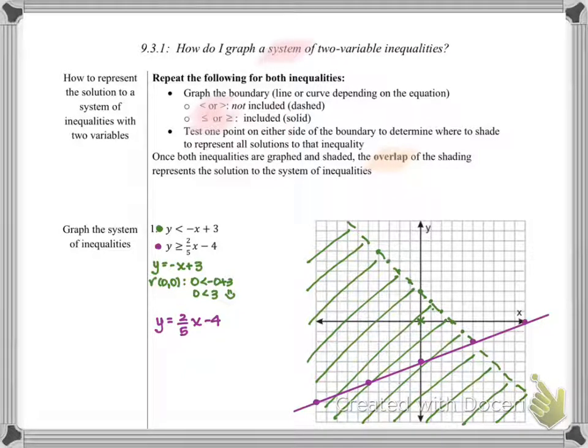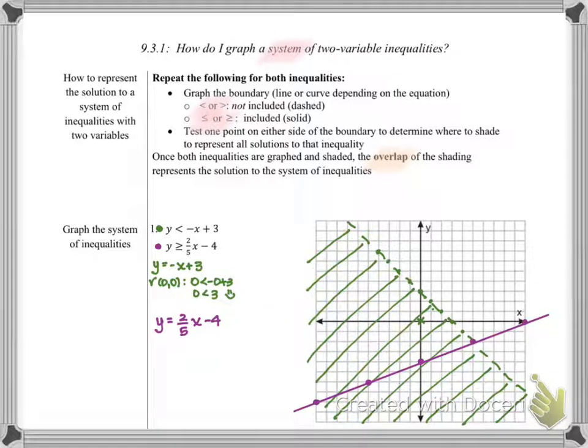You'll notice that all of my green shading started at the green line. I'll go ahead and highlight it in green so you can see what I'm talking about. It started at the green line and then went to the left. So you can see this trend of shading that's happening.